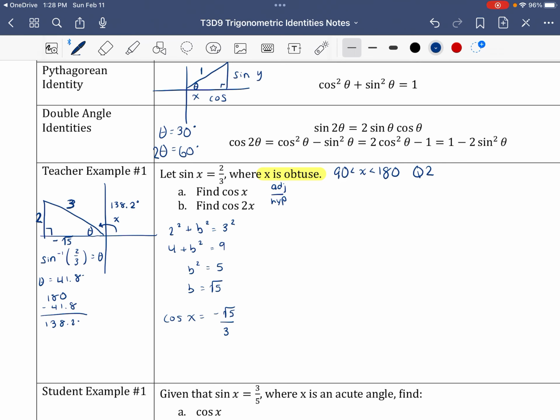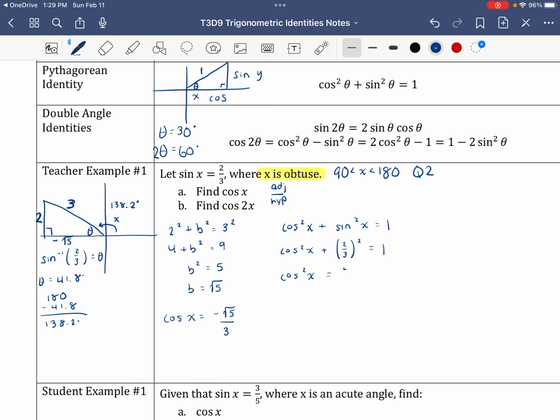Or we could use our Pythagorean identity. So we can do cosine squared x plus sine squared x equals 1. So our cosine squared x is ultimately what we're going to try to look for, plus sine squared x. Well, we know that sine of x is 2/3, so we're going to take 2/3 and then square it, equals 1.